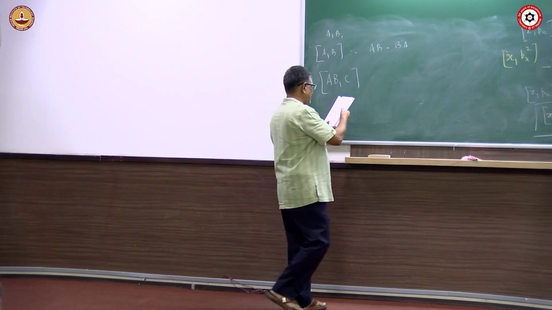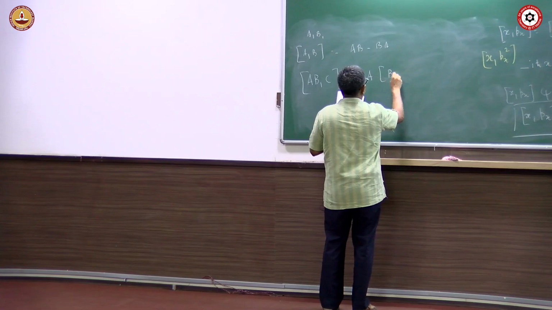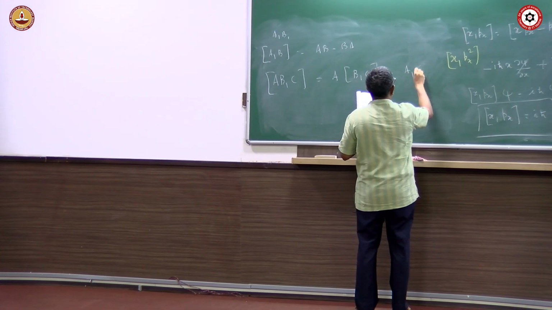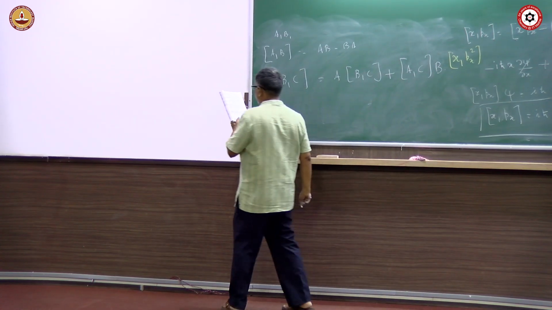The answer is A[B, C] plus [A, C]B. This is one rule.